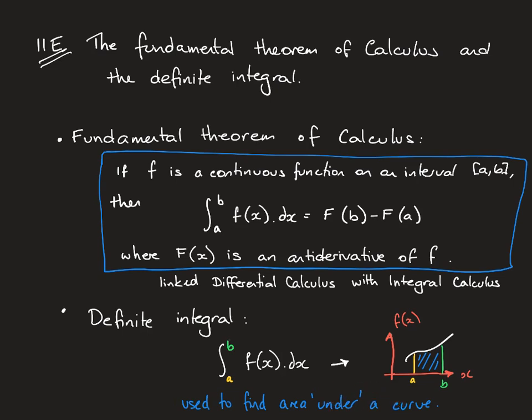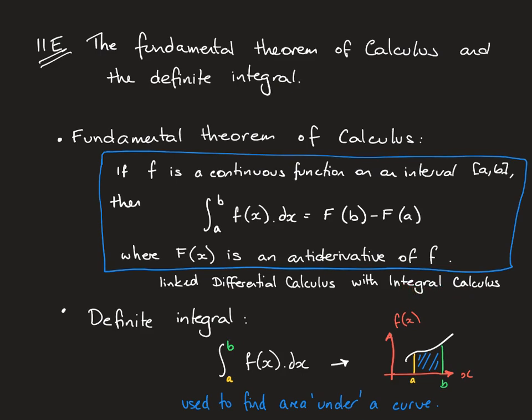Okay, so the fundamental theorem of calculus is this formula here. And the reason it's called the fundamental theorem of calculus is that it linked what was up until then two different areas, differential calculus and integral calculus.